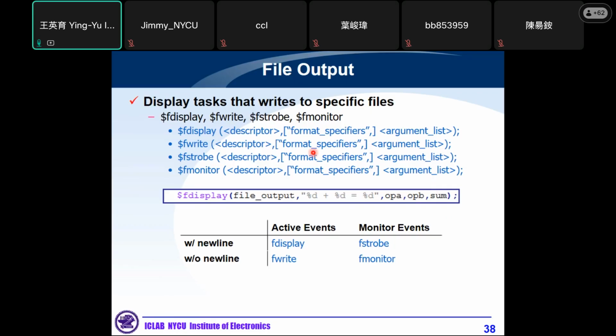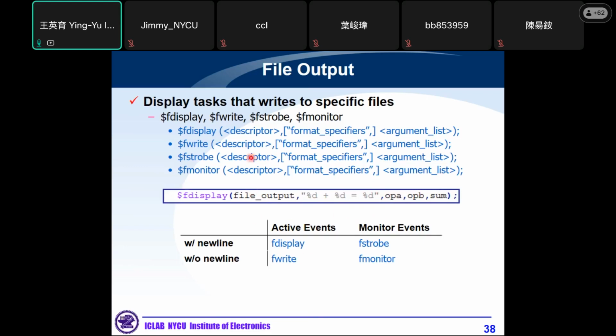Descriptor specifies the file you want to write to. Format specifier defines the format of the text you want to store. Argument list further specifies which variable values should be stored. Looking at the example in the slide, we will store opA plus opB equals sum in a decimal format into file output.